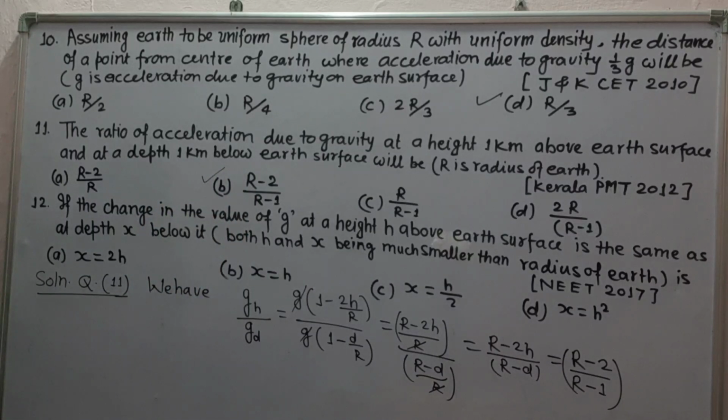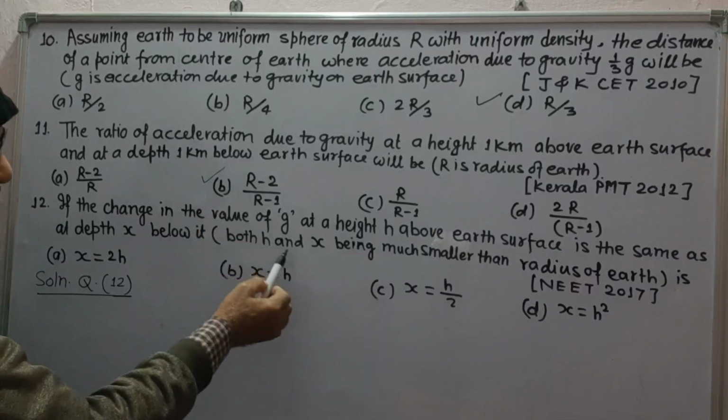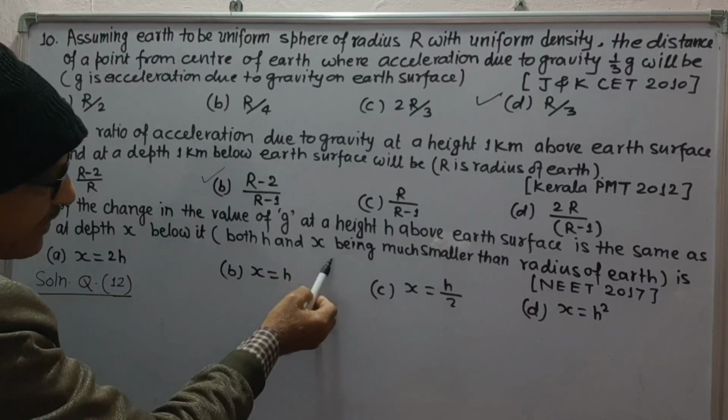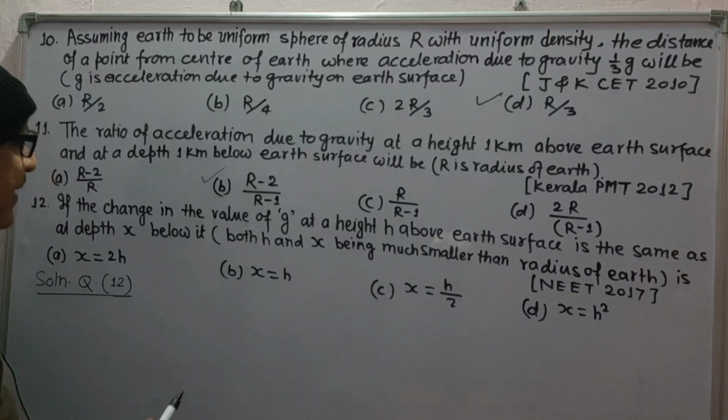Next, question 12. The question is, if the change in the value of g at a height h above Earth's surface is the same as at depth x below it, both h and x being much smaller than the radius of Earth. Here height h above Earth's surface and depth x below Earth's surface both are much smaller than the radius r of Earth.